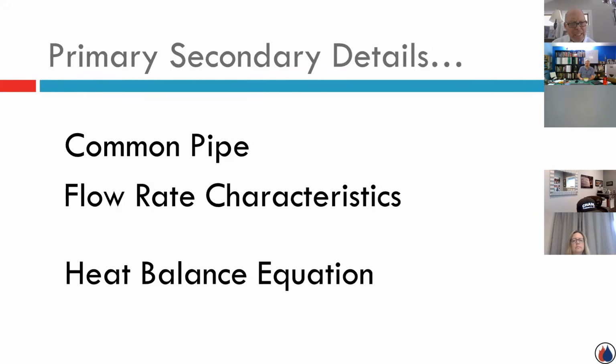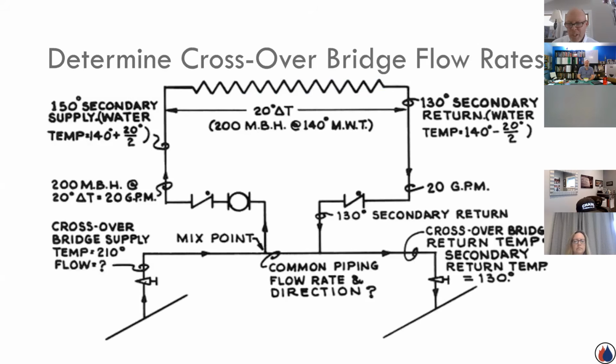And one last thing, and this gets into the weeds a little bit, but it's the mathematical proof of what he described. So if you just follow along with me, we'll work through it together. What we're saying here is I have a secondary circuit that has a load of 200,000 BTUs, and it's designed at a mean water temperature, or an average water temperature, of 140 degrees. So at a 20-degree delta T, 200 MBH over here equals 20 GPM. So that's the size of this secondary circuit pump, 20 GPM.